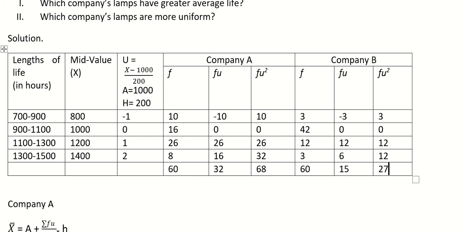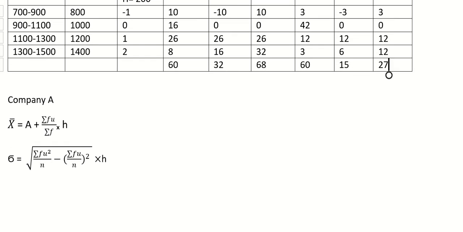Now I will calculate both the mean and coefficient of variation for both the companies. For that, first I need the mean and standard deviation of both companies. So let's do it. First we will do it for company A. A here is 1000 in both the cases.